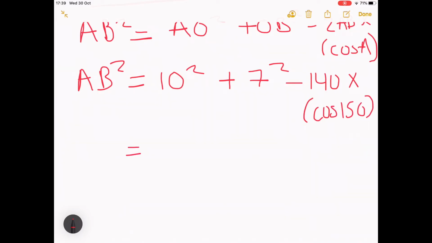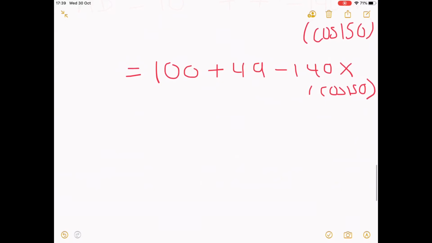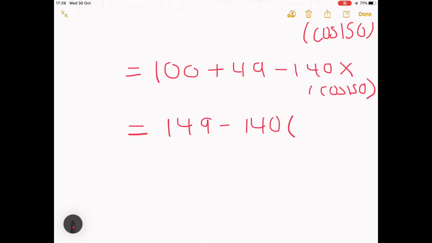So we know 10 squared is 100, plus 49 minus 140 times cos 150. So that's 149 minus 140 times cos 150.